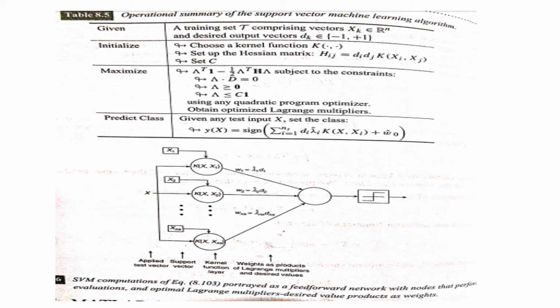This will be applied to the neuron, and with the activation function we obtain the output. Here we have taken it as a sign function, so that the sign of the output of the neuron will decide whether that test vector belongs to class 1 or class 2.